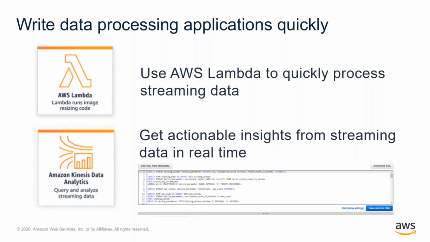For really simple processing logic, if you don't want to worry about managing infrastructure and you just want to focus on writing and maintaining the logic, AWS Lambda provides the easiest option. You can choose any programming language that AWS Lambda supports, and all the integration necessary to retrieve data from Kinesis, and provide guarantees like at-least-once semantics, all of that heavy lifting is done by the integration that AWS Lambda has with Kinesis.